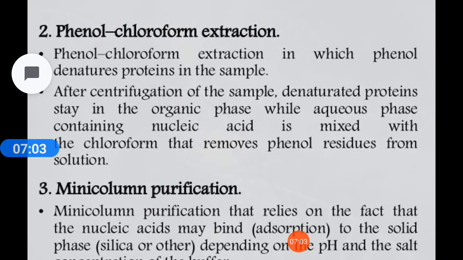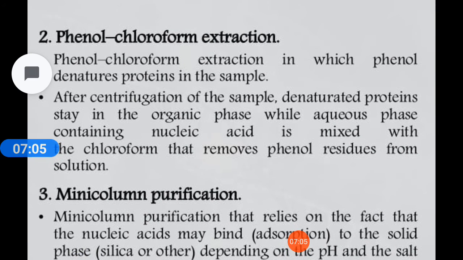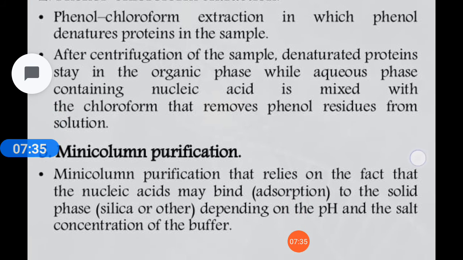Second point, phenol-chloroform extraction, in which phenol denatures proteins in the sample. After centrifugation of the sample, denatured proteins stay in the organic phase, while the aqueous phase containing nucleic acid is mixed with chloroform, which removes phenol from the solution.